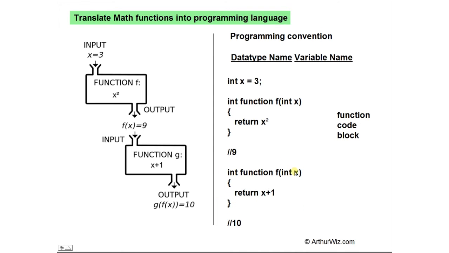We went in as a 9, and then 9 plus 1 returned 10 as a result. So this code block designates the whole function, just like the one on the left. So when we translate the math into the programming language format, this is very straightforward.